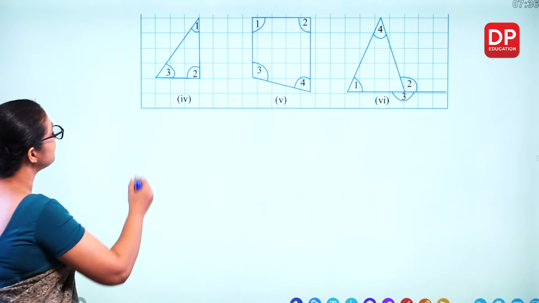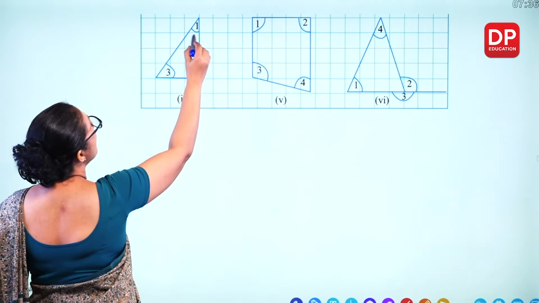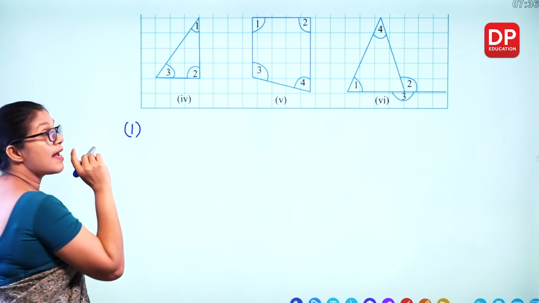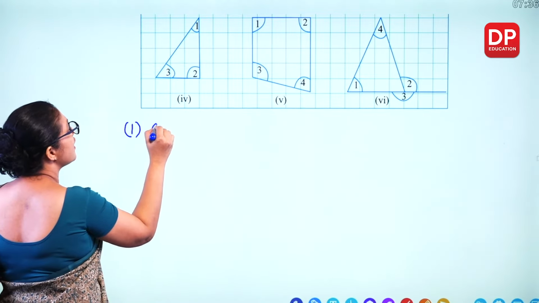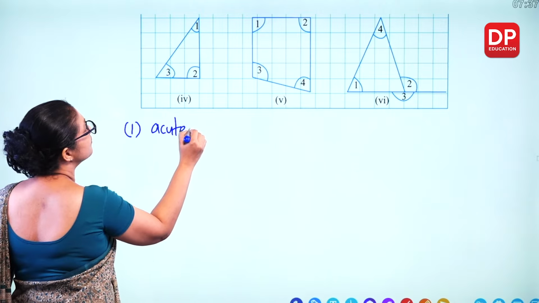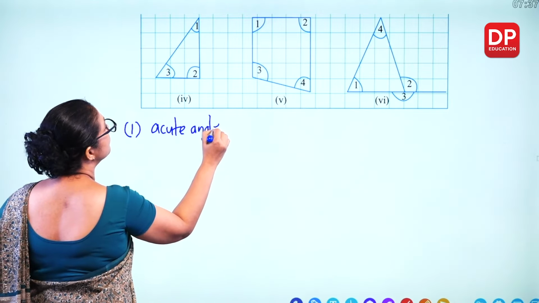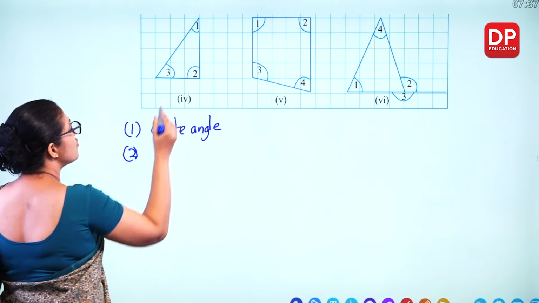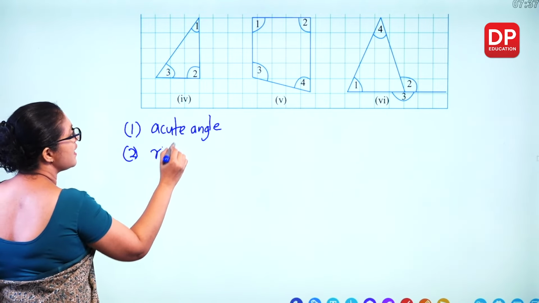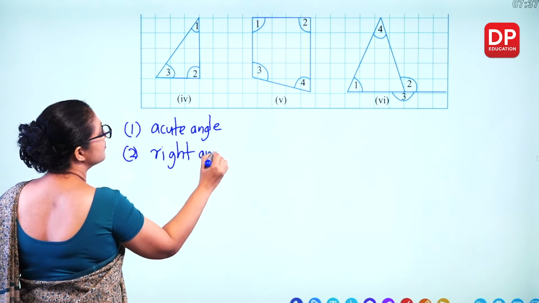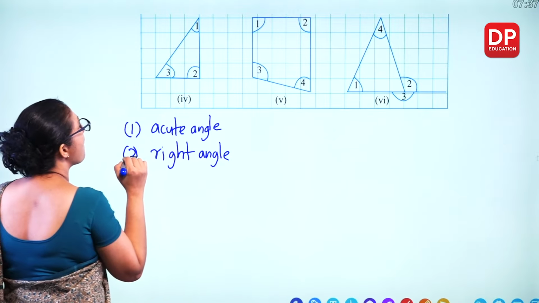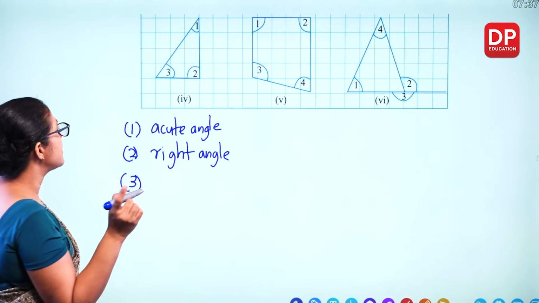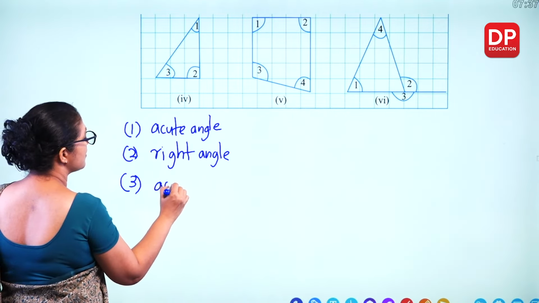This diagram, 1 is less than a right angle, that's an acute. 2, vertical line and the horizontal line, that's a right angle. 3, less than a right angle, that's acute.